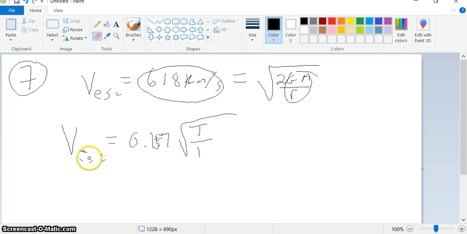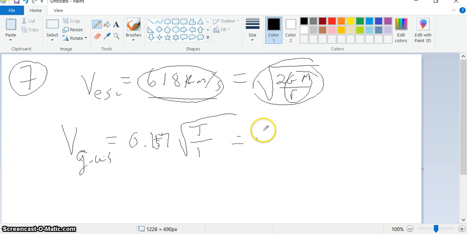The escape speed is actually the escape speed from the surface of the sun, so that's something you just look up. It really comes from the equation in chapter 2, but we're not really covering that. So this is just the velocity of a gas at some temperature. It's equal to 0.157 times the square root of the temperature divided by the mass of the gas, which in this case, since it's hydrogen, is just 1.